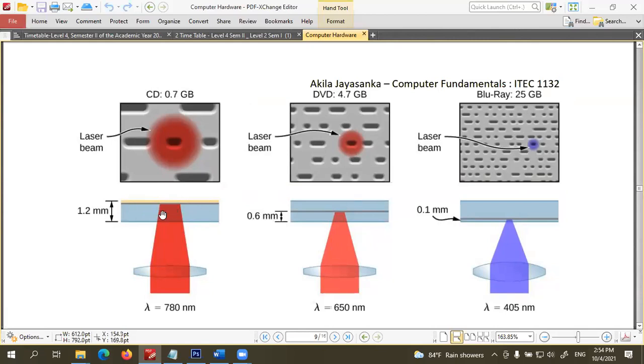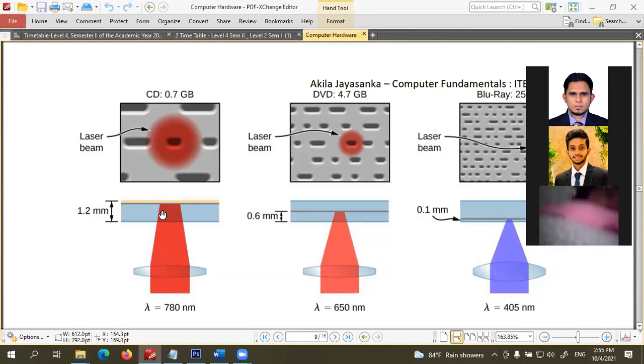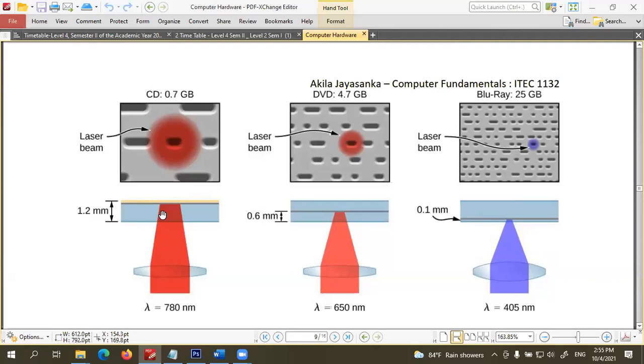Okay, then here, children, in the CD surface, the size of pits and bumps is larger than the other ones.